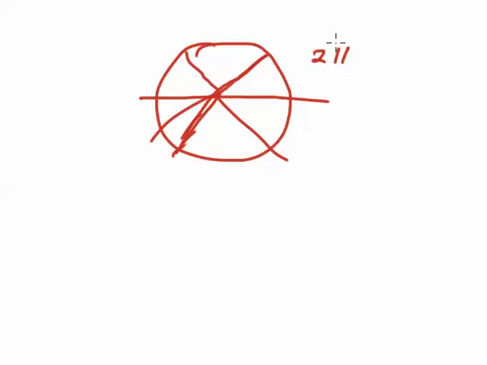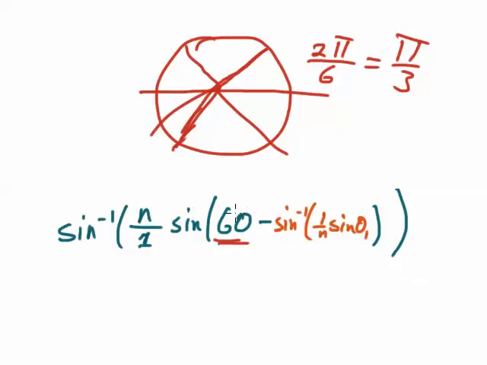It's 2 pi radians all around the circle, and 1/6 of that would be 2 pi over 6, or pi over 3. So I'm going to change this formula up here, convert it from degrees to radians, which just means that I change this constant here from 60 degrees to pi over 3 radians.